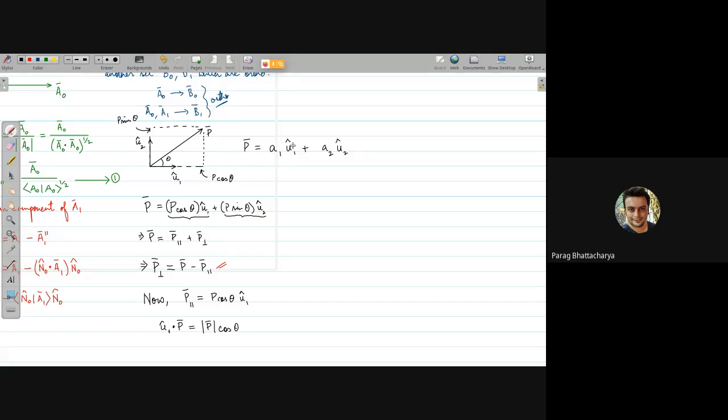Unit vector into coefficient. So now you can see that P is a linear combination of the basis. Which basis? The basis is u1 cap, u2 cap.